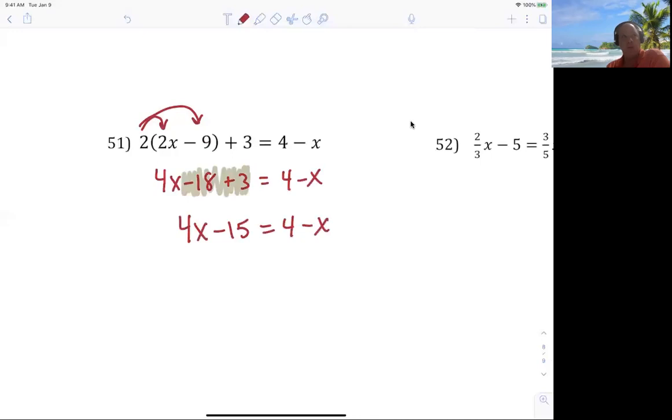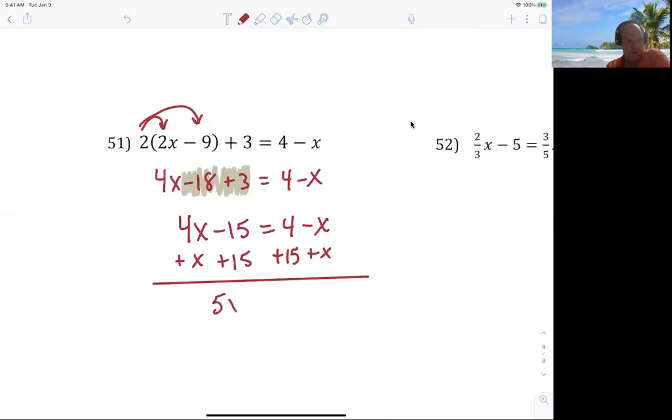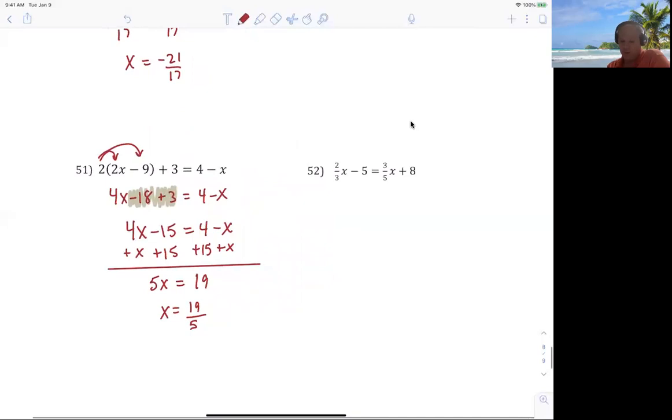Variables to the left, numbers to the right. So I add 15 to both sides. And I add x to both sides. Now I end up with 5x equals 19. X equals 19 over 5. Okay? Again, please don't be afraid. Stop the video, go back, listen to the explanation again.